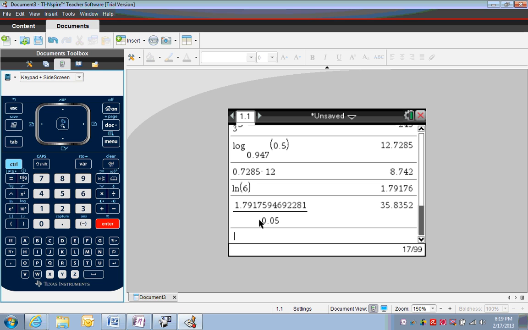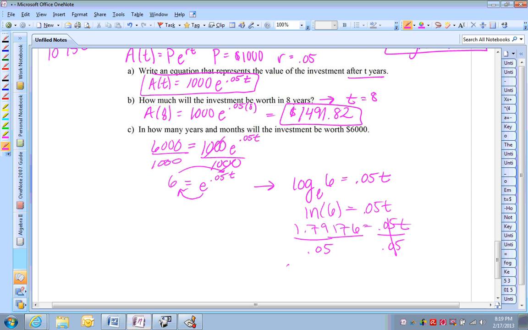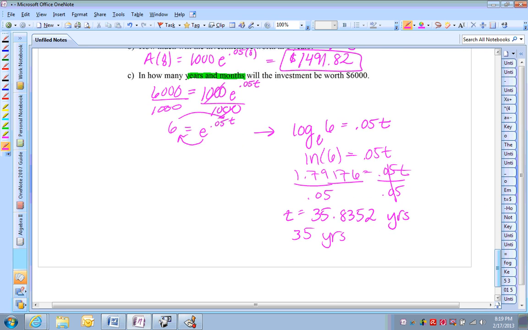And you end up with a t value of 35.8352 years. So t equals 35.8352 years. But remember, they want to know how many years and months. So we need to convert this decimal value into years and months. So we know it's 35 years and so many months, but how do we find those months?